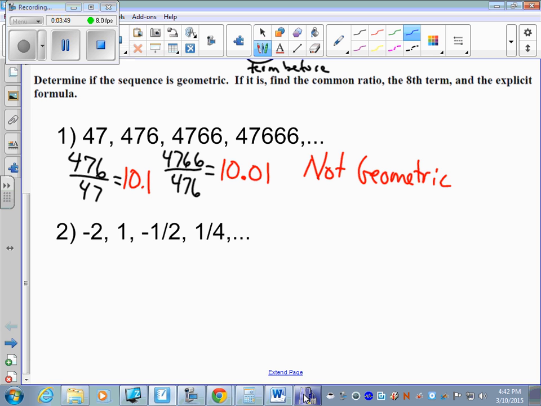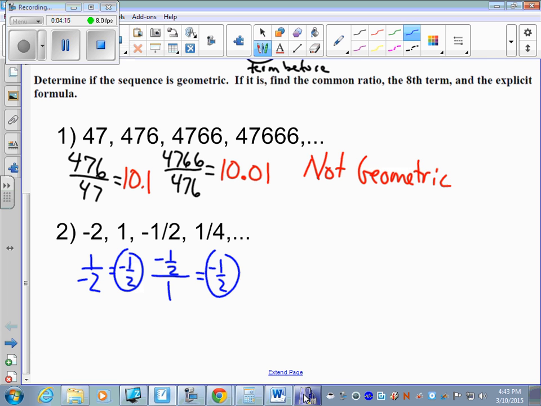To find if it's geometric, take the second term and divide by the first term. I said subtract, I meant divide. Then take the third term and divide by the second term. Those should come out exactly the same. 1 over negative 2 is just negative 1/2. And negative 1/2 divided by 1 is negative 1/2.